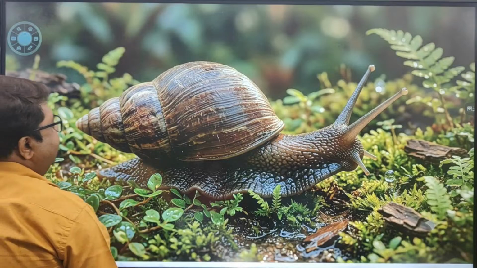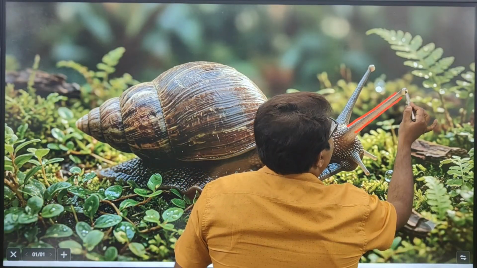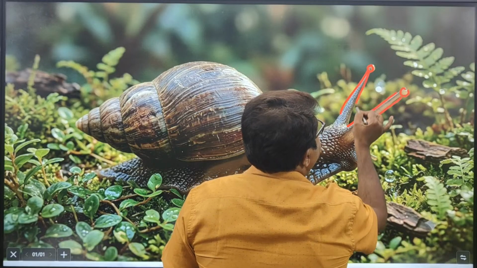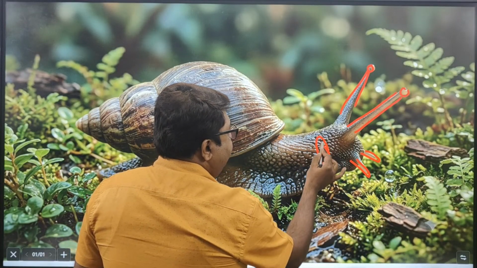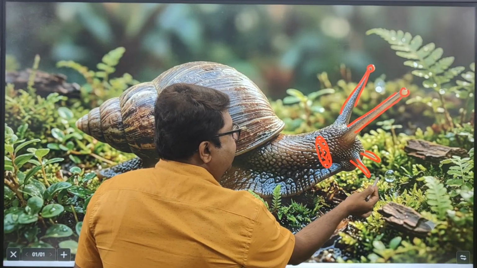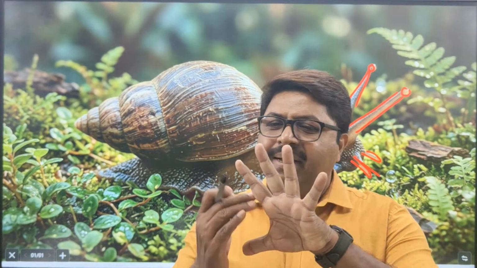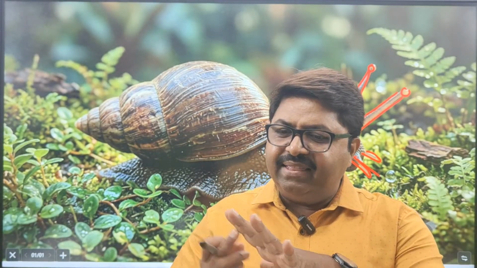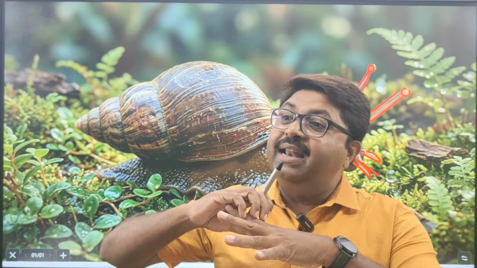This is achatina, pond snail. This is ommatophore. These are eyes, ommatophore. These are sensory organs. Radula present over here. This is the mouth. They want to feed on papaya leaves. You have seen papaya leaves, palmate leaf, and they have the midrib present, and they are going to feed on the leaf lamina.